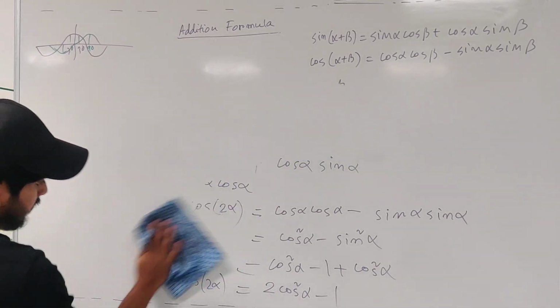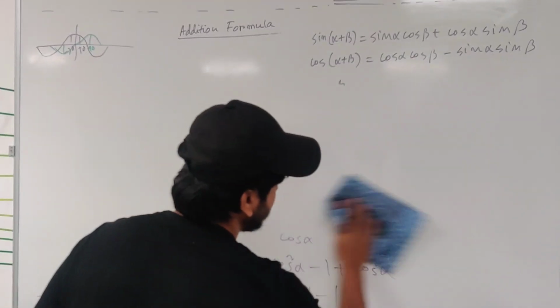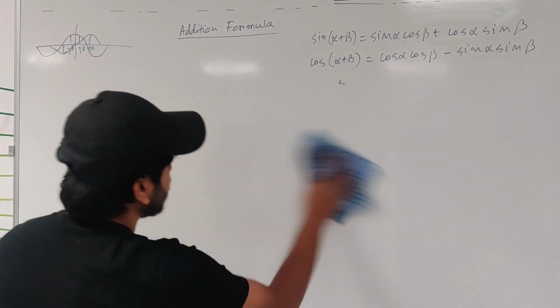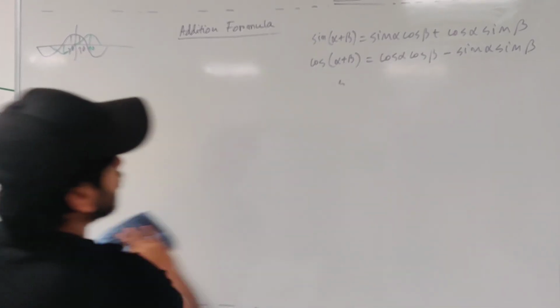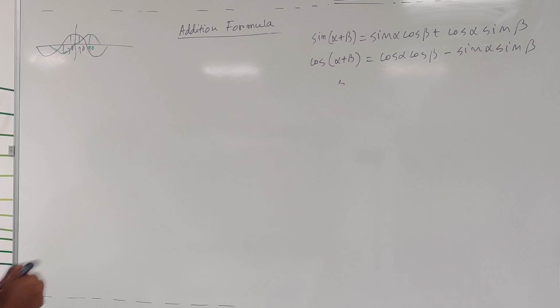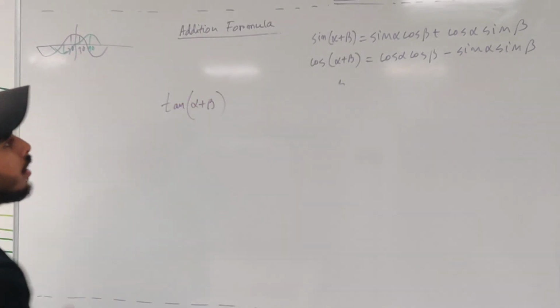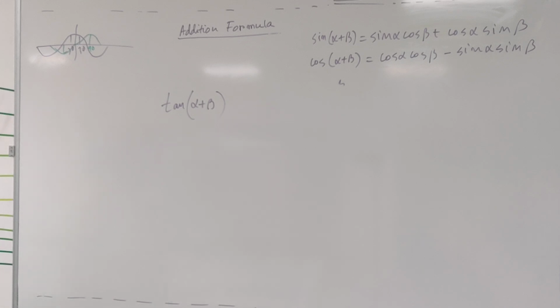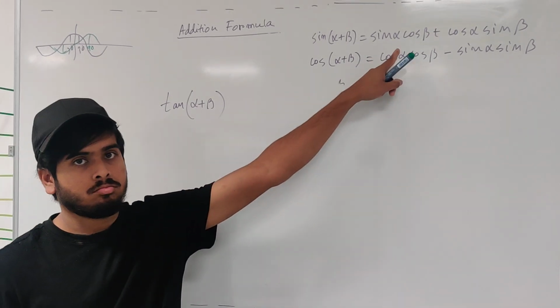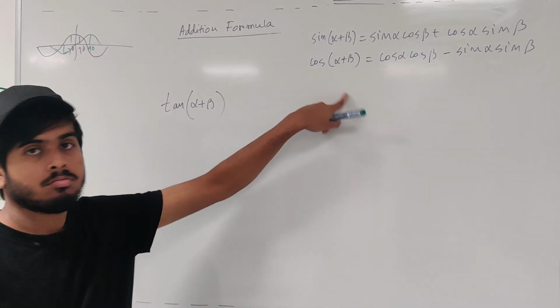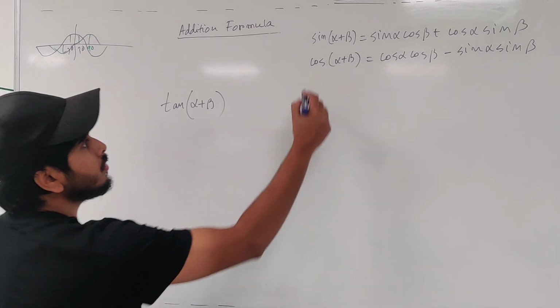The other thing is tan. What's this? Tan alpha plus beta. Can you find this using this? Can you? It's just dividing.